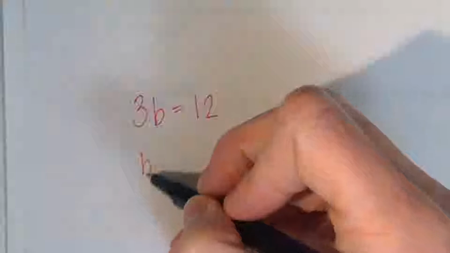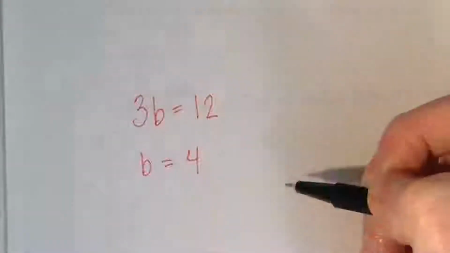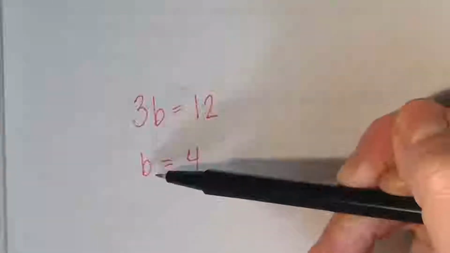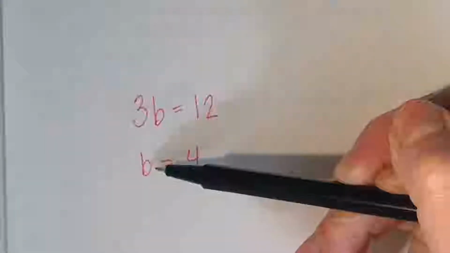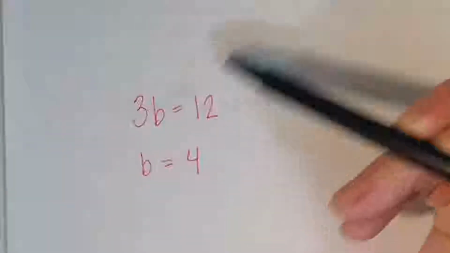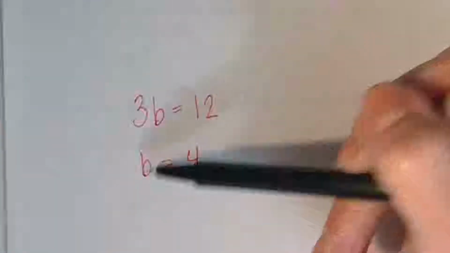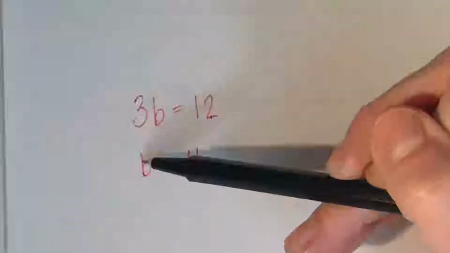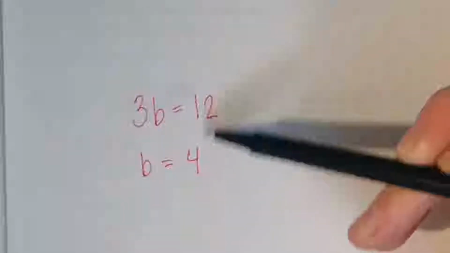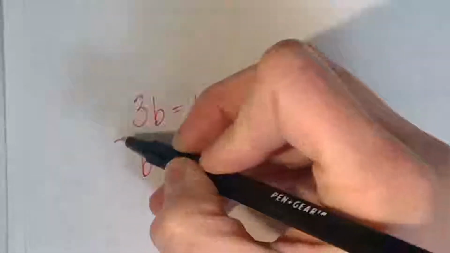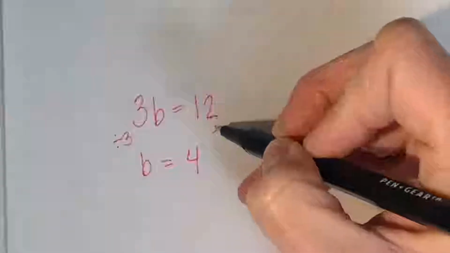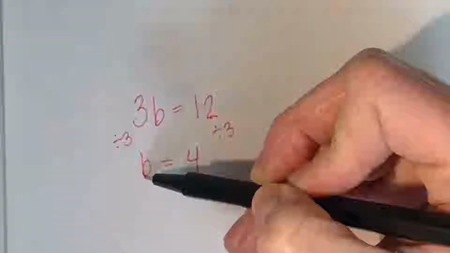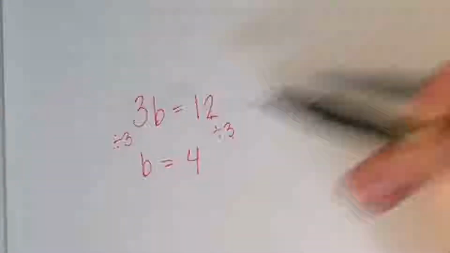The only thing is if I showed you the answer and I said, how could you explain getting from this step to this step, just like we've been doing? Well, you would look at this and say, okay, well, 3b became b, 12 became 4. Well, if I subtract 2b, that works on the left side, but subtracting 2b does not work on the right. So most of you would tell me, well, they divided by 3. 3 divided by 3 is 1, so I get b. 12 divided by 3 is 4.